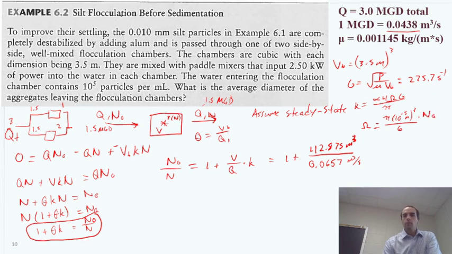And the n naught has to be converted from milliliters to cubic meters: 1,000 from milliliters to liters, and 1,000 more. So you multiply that number by 1,000,000 to convert from particles per milliliter to particles per cubic meter. What did you get for that value? 5.236 times 10 to the negative 10.